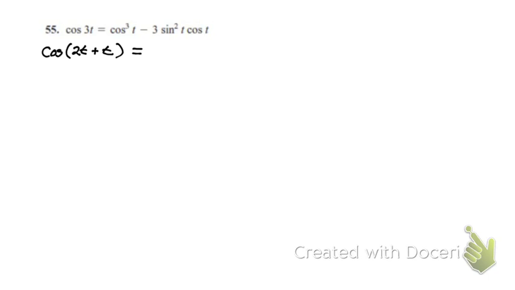You agree? Okay. So we're just going to rewrite this as cosine of my first angle, which is 2t, times cosine of my second angle, which is t, minus sine of 2t times sine of t.